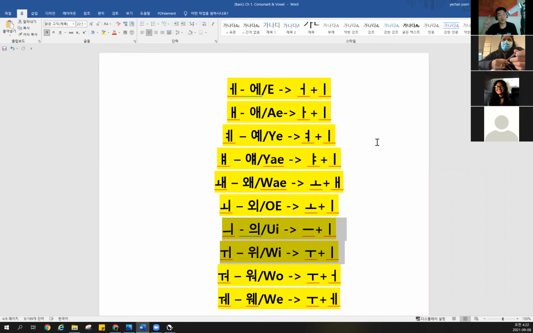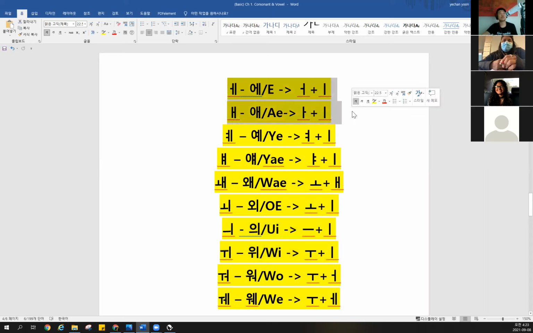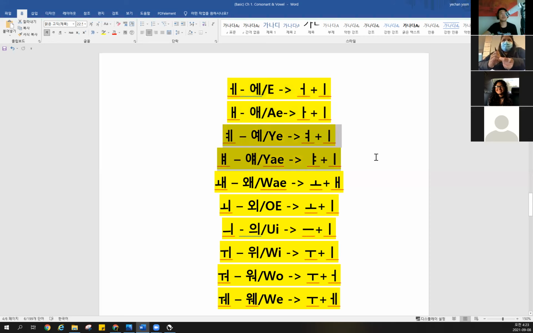Please just remember that some double vowels have the same pronunciation but different writing. You can just memorize that part. I'm going to give you examples. The first one and second one have the same pronunciation, which is e, but the writing is different.